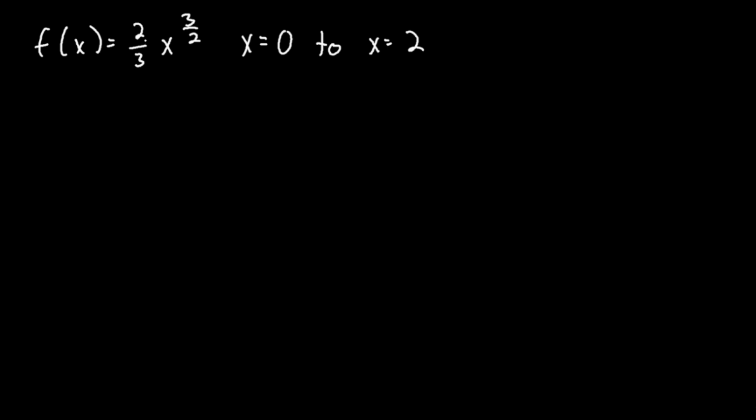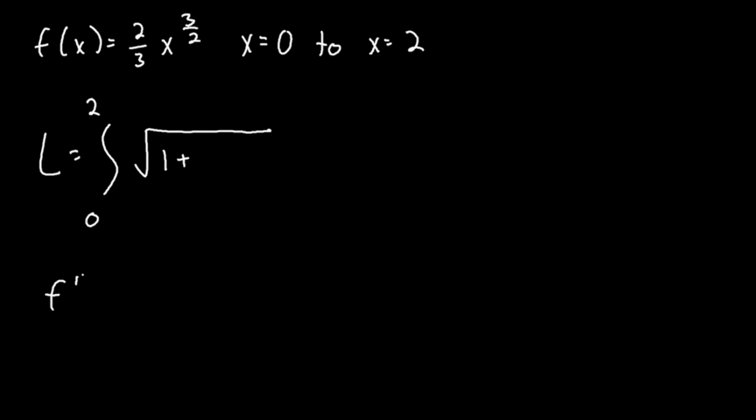So let's go ahead and calculate the arc length of the curve for this function here, from x equals 0 to x equals 2. Okay, so first thing you want to do, you want to set up the formula. So the length is equal to, we know our bounds, x equals 0 and x equals 2, so the bounds of the integral are 0 and 2. And the formula is set up with 1 plus the first order derivative squared.